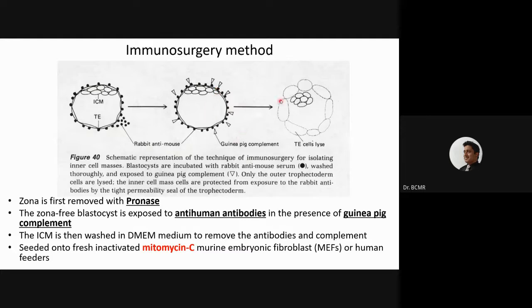After that, there are several washings to remove excess antibodies and excess complement. Over time, the trophectodermal cells are lysed, and then the ICM is taken and subcultured on feeder layers. That is how a new embryonic stem cell line has been established.